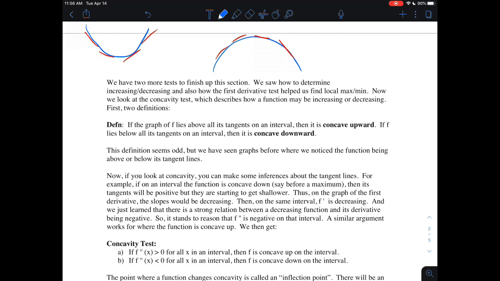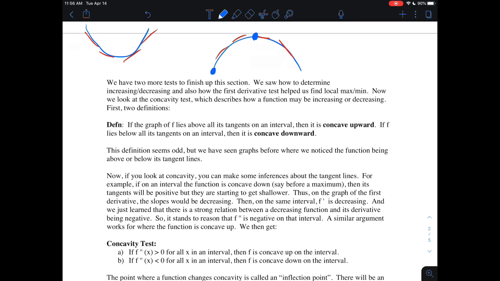For example, if on an interval the function is concave down, say before a maximum, like at the graph I have here at the top, if I just think of looking from the left up to the top of the graph, then its tangents will be positive. You can see that they're going up and to the right, but as we reach the top, they start to get shallower.